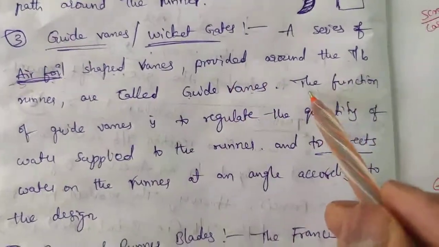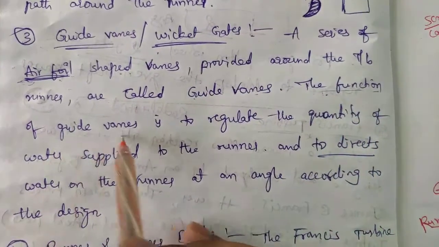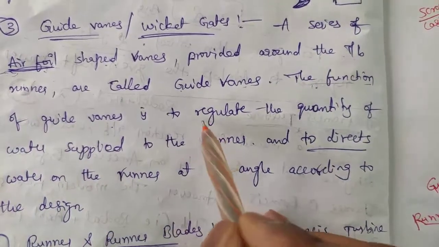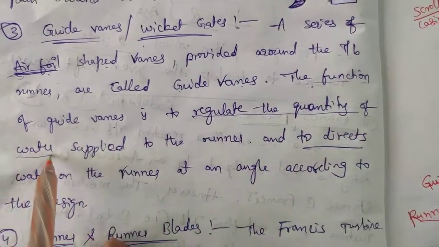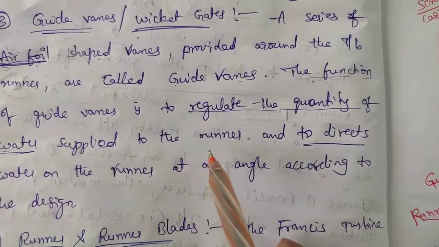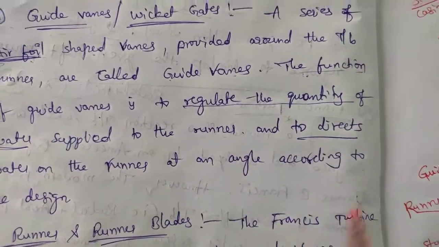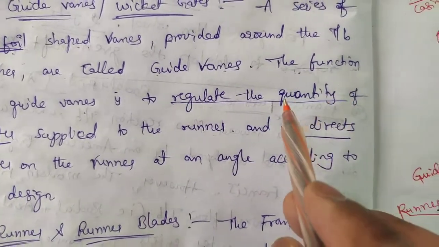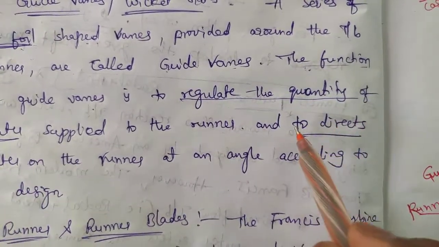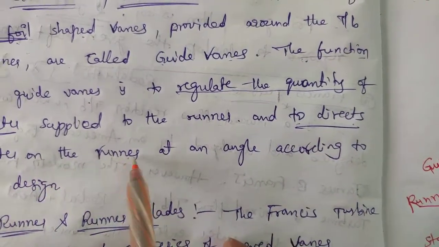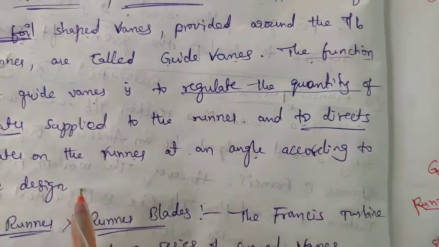The main function of guide vanes is to regulate the quantity of water supplied to the runner. The first thing is to regulate the quantity of water, and also the main function is to direct the water onto the runner at an angle according to the design.